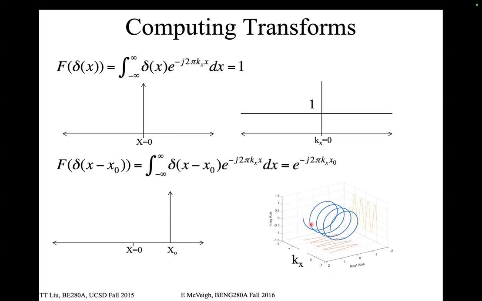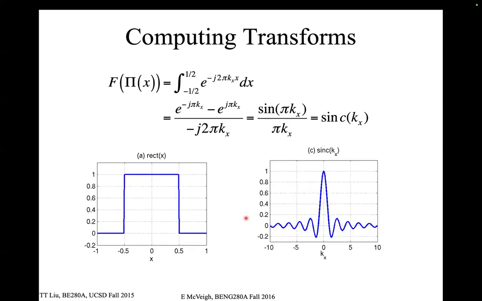And the rate at which that phase is changing is proportional linearly to how far away from the origin this is. We just looked at that. So here's the picture of the rect function and its Fourier transform. And the inverse Fourier transform of this is, obviously, the rect function.